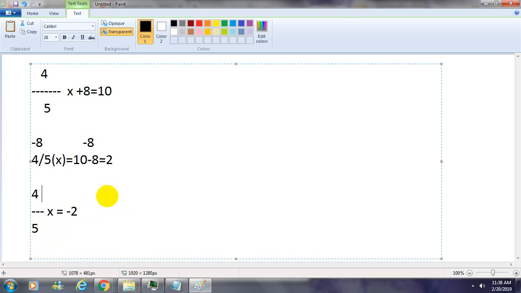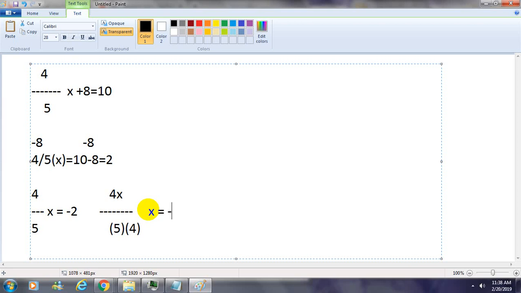How are we going to do this? We have the 4x divided by 5, and then we divide that thing by 4. All right, we have to do the opposite. We have to divide the left-hand side by 4, so we have x.